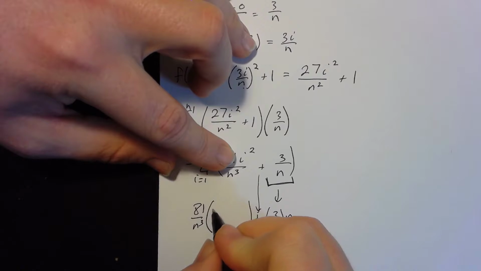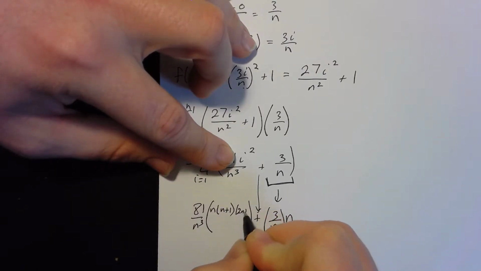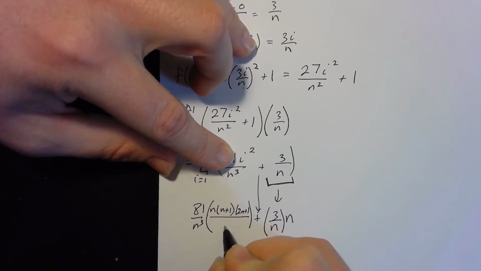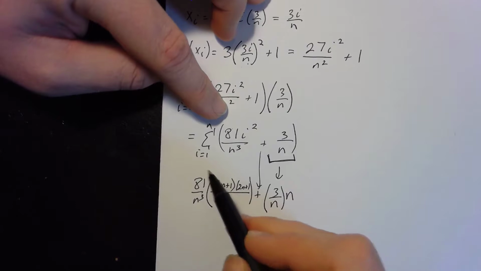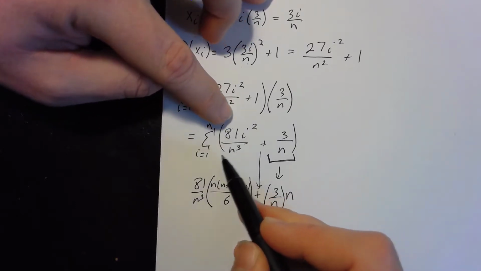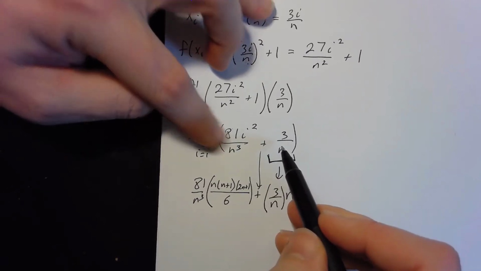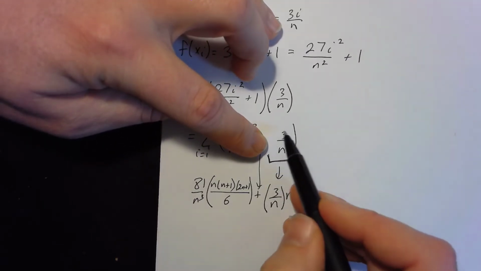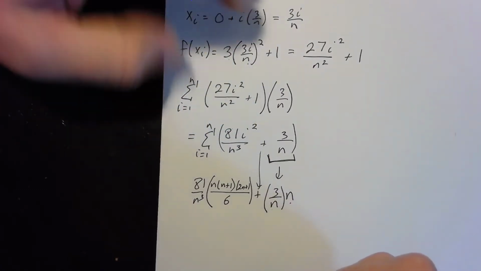We're calling it the summation of i squared is n times n plus 1 times 2n plus 1, all divided by 6. So again, 81 over n cubed, we take it out of the summation and then evaluate the summation of i squared. Here, it's just the evaluation of the summation, where all of this stuff is just a constant, so n times that constant.